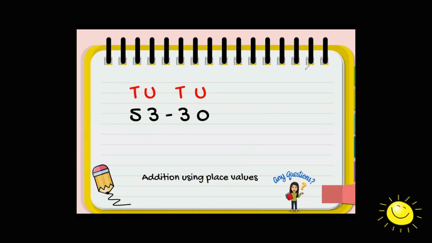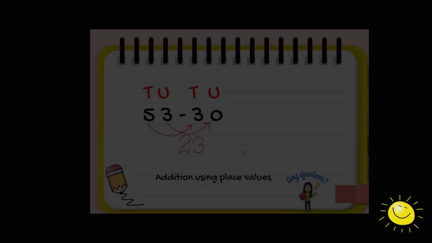So once you have identified this, it's very simple. First we'll take away units from units. 3 minus 0 will give us 3, and we'll subtract tens from tens. 5 minus 3 will give us 2. So the answer remains the same. 23 is your answer, right?